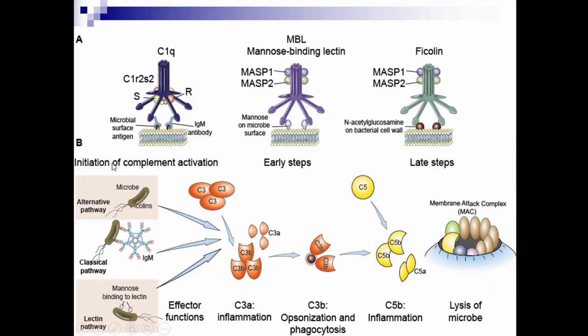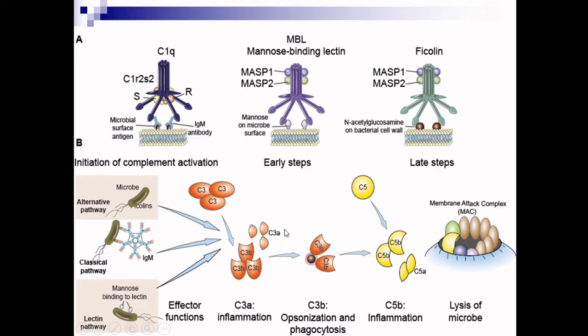As you can see on the left hand side, there are different pathways by which complement gets activated. It could be a classical pathway, an alternative pathway, or a lectin pathway. However, irrespective of pathway, the final outcome is the same. Certain complement factors like C3 and C5 get split into two parts.